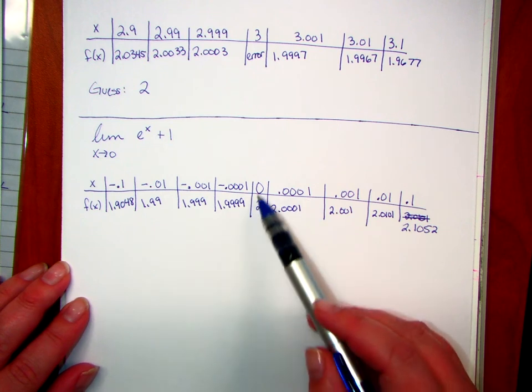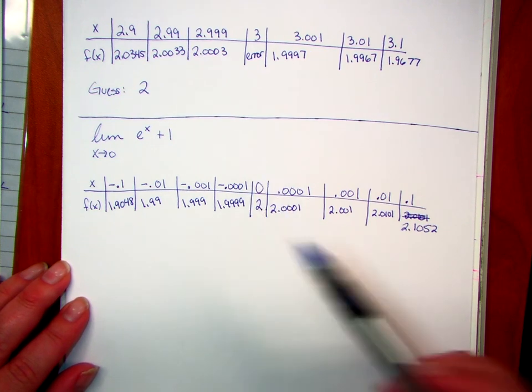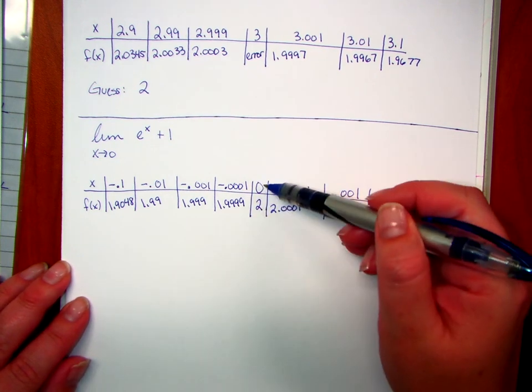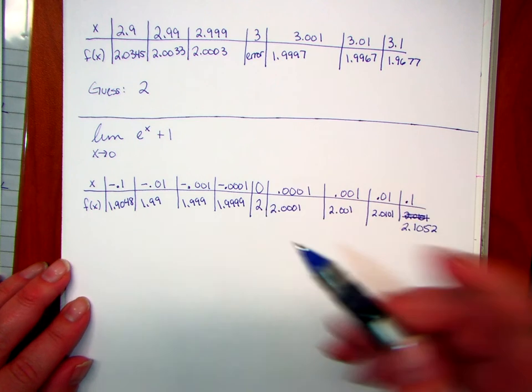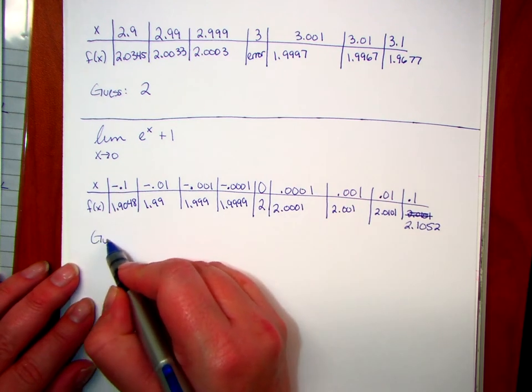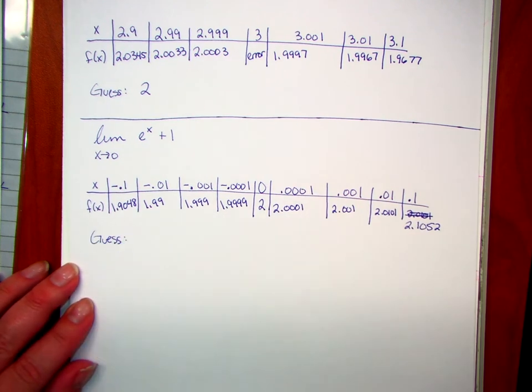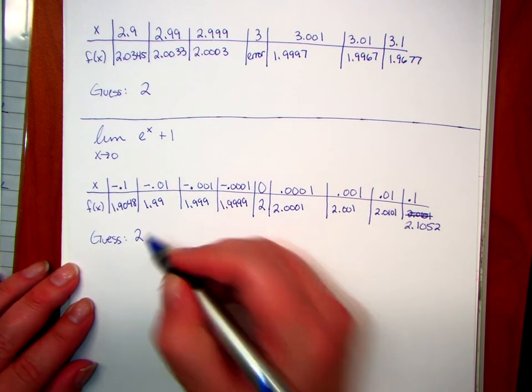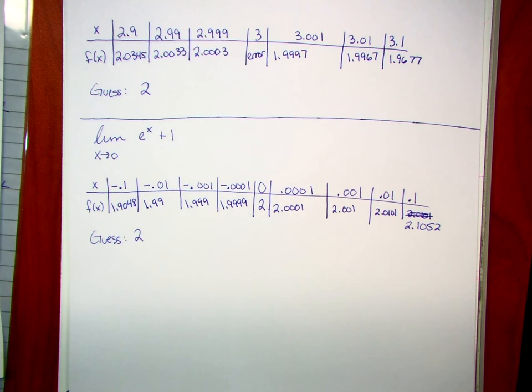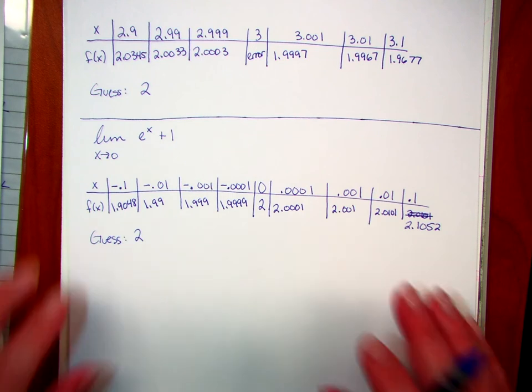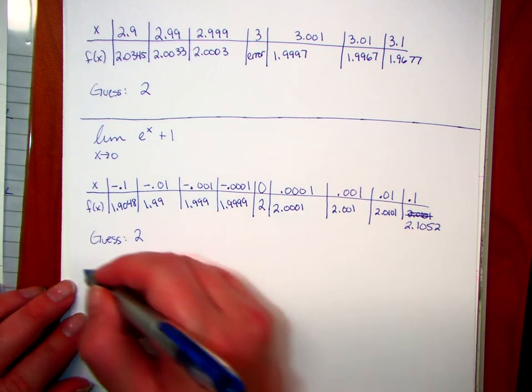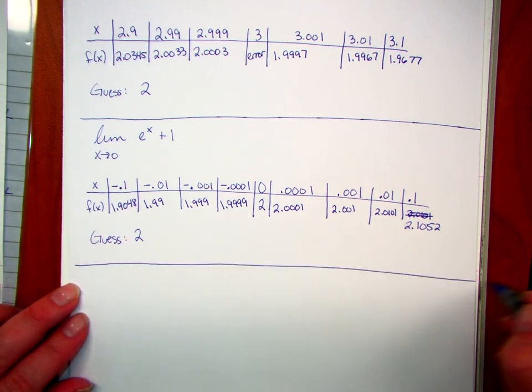And just as an added clarification, when we plug 0 in there, we're going to get 2. So we're going to guess this limit, an educated guess, that this limit is indeed 2. All right, so this is how you would build tables up and evaluate those limits.